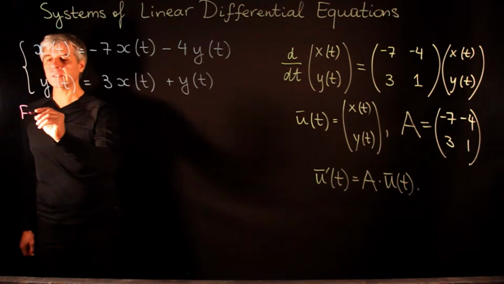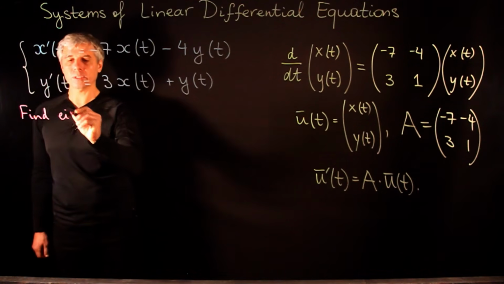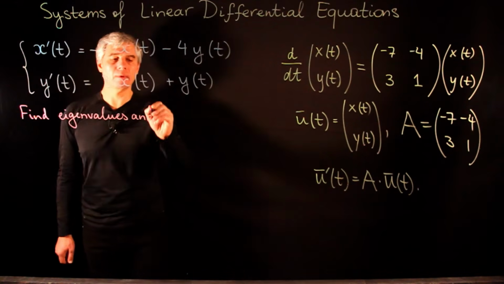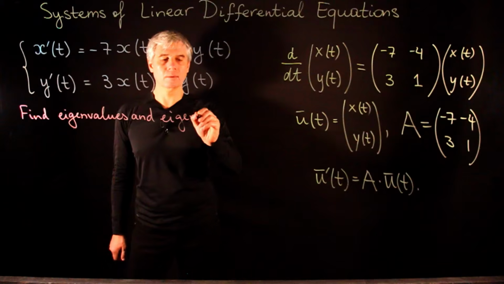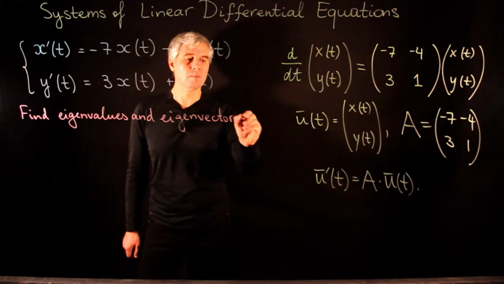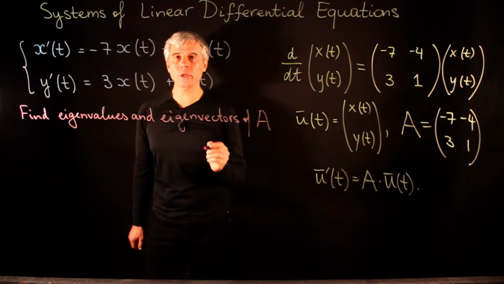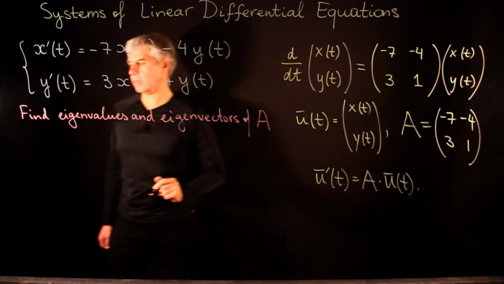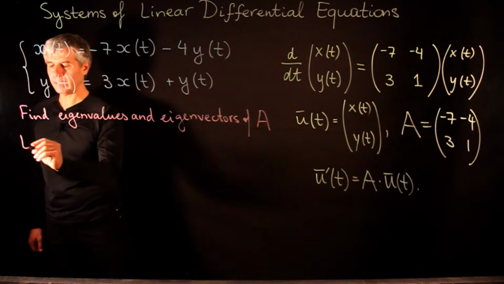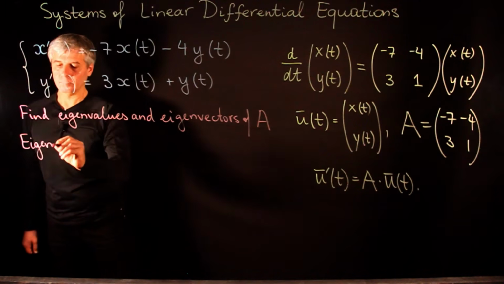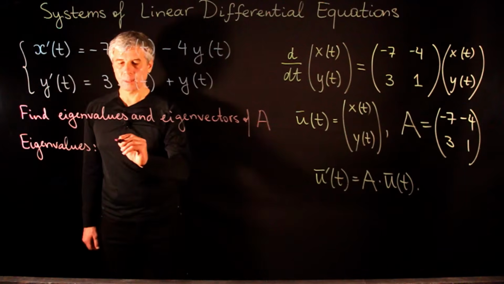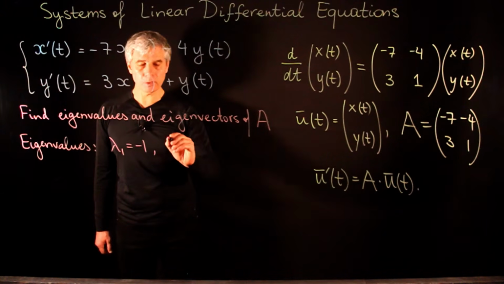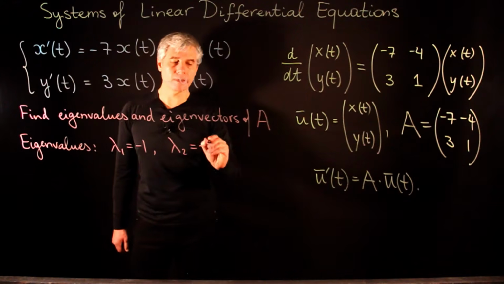Next, we want to find eigenvalues and eigenvectors of A. I'm going to skip the calculations or leave them as an exercise. Show that this matrix A has the following eigenvalues: lambda 1 is equal to negative 1, and lambda 2 is equal to negative 5.